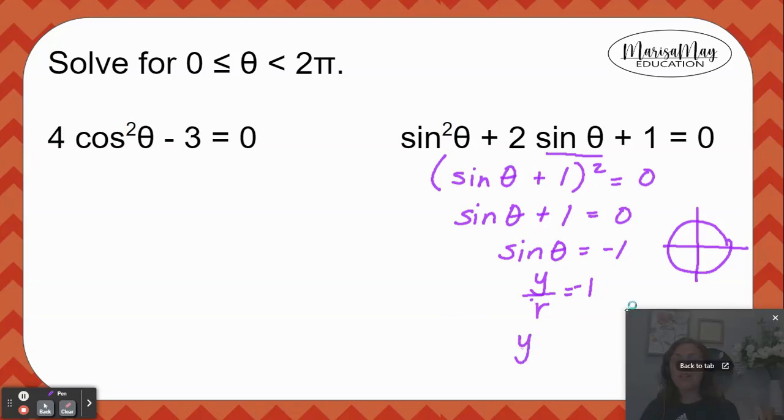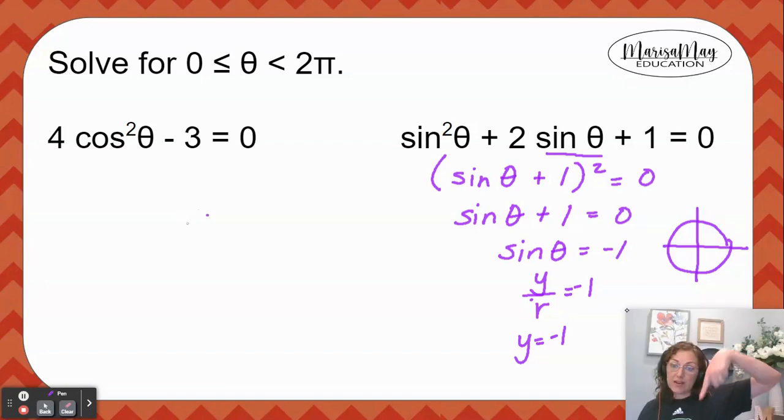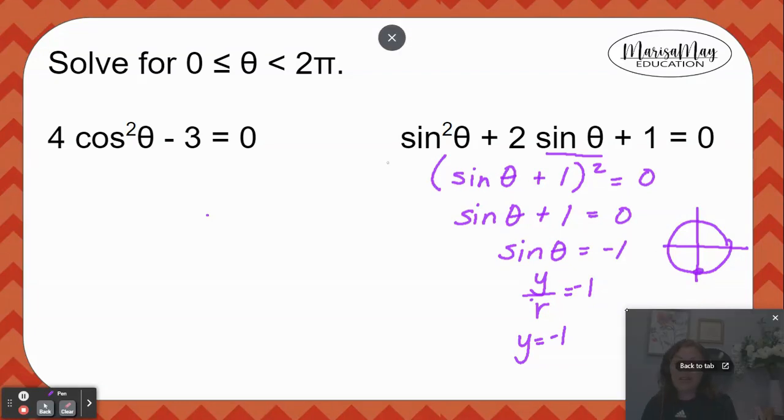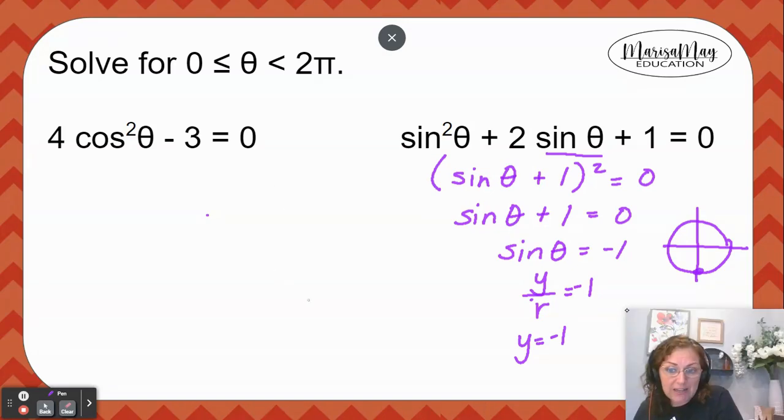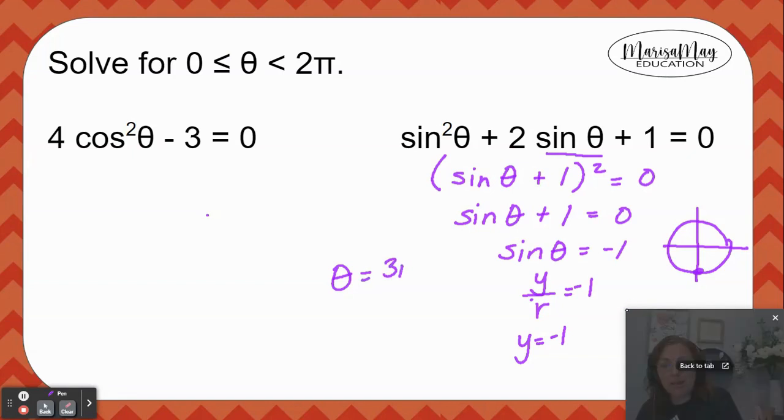So you're really looking for where this y value is -1. The y value is -1 at the bottom of the unit circle here. And that angle would be 270 degrees. But in radians, that's 3 pi over 2.